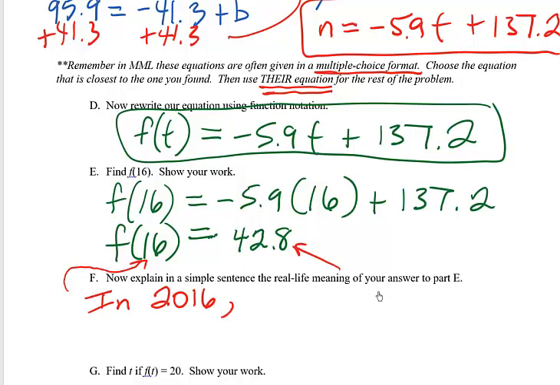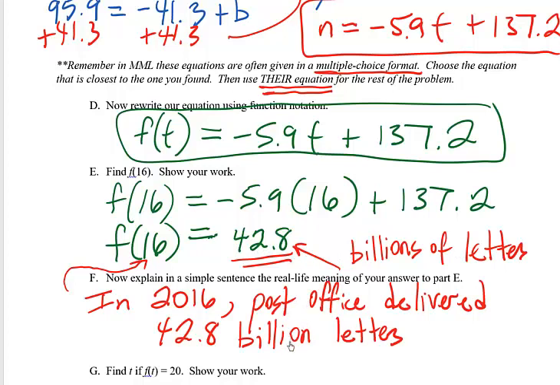Right? Then we're saying something happened. Well, that's where the other number comes in. If 16 is the t that's going in, then of course 42.8 is the n that's coming out. What was n again? Well, if you look back up at the let statement, you remember that n stood for the billions of letters that the post office was delivering. So basically what this statement is saying is, in 2016, the U.S. Post Office delivered 42.8 billion letters. Is that true?